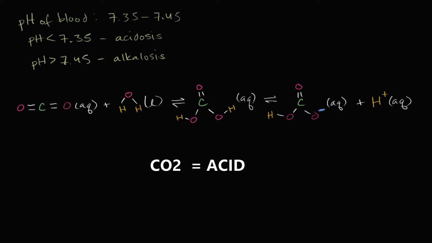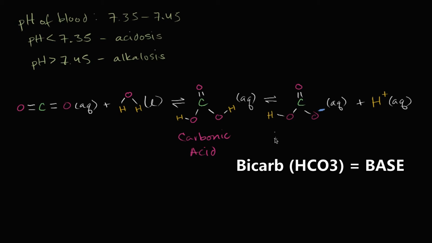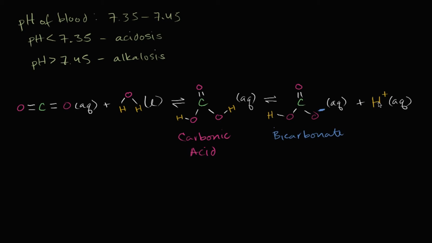So let me write this down. It will react to form carbonic acid, which is a weak acid. This is carbonic acid, and then that can dissociate to form bicarbonate. So let me write that over here, bicarbonate, and a hydrogen ion, or we know that that would just attach to a water molecule and become a hydronium ion.